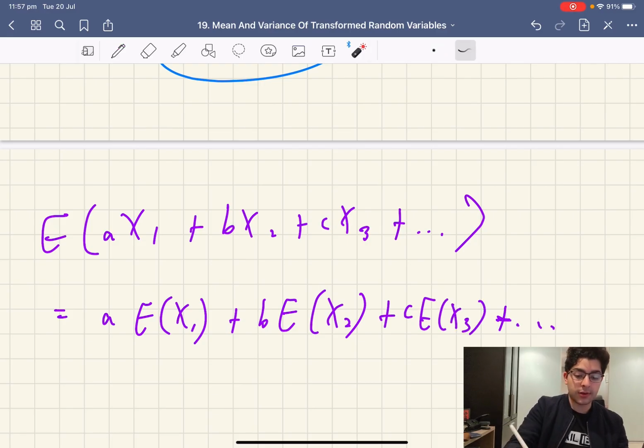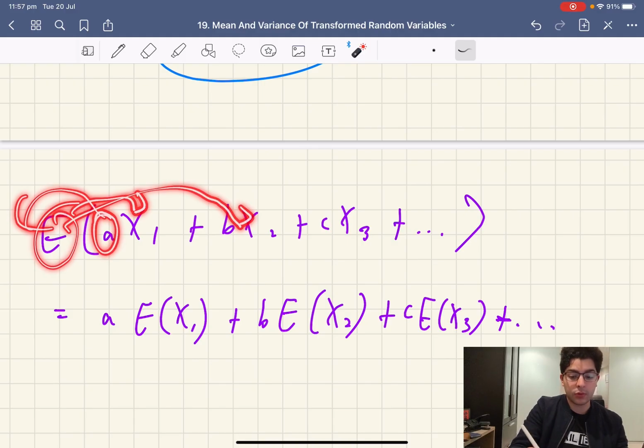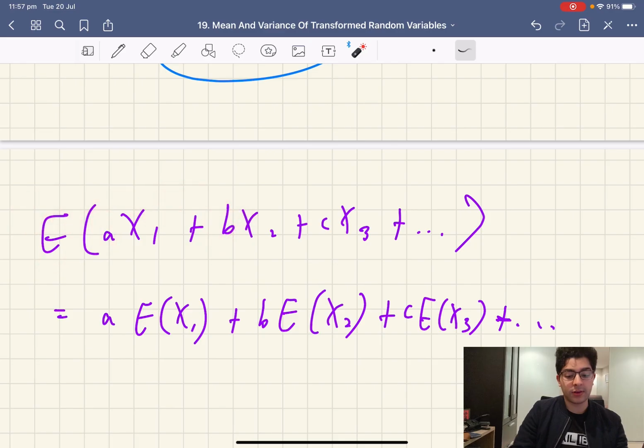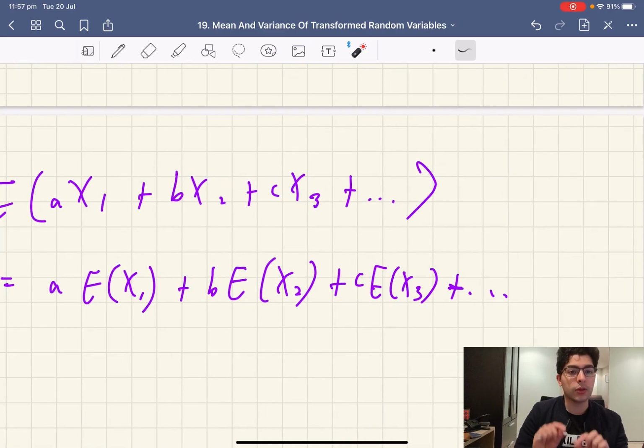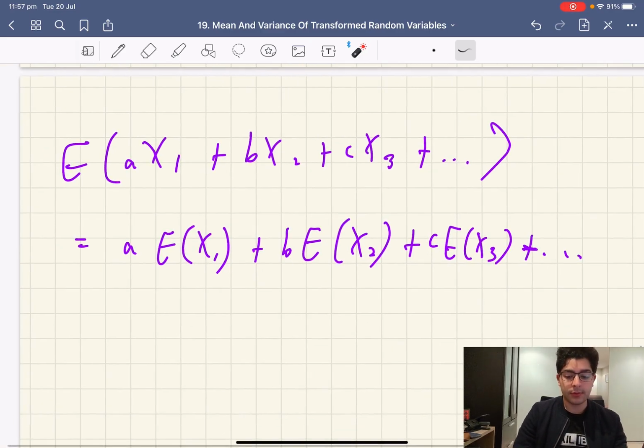As you can see, all I've done is pull the a out, and then you can apply the E to each of the individual variables. You can pull all the coefficients out to the outside.